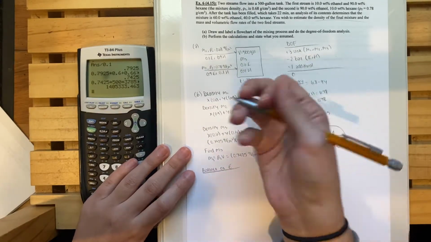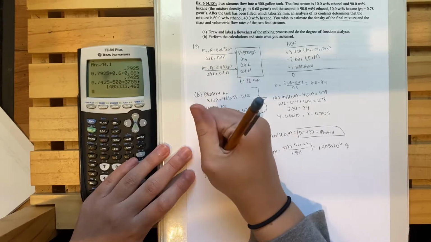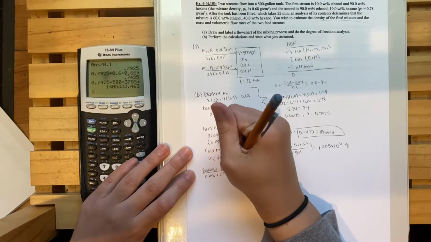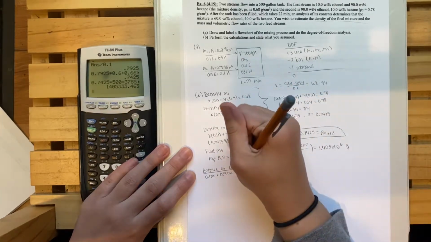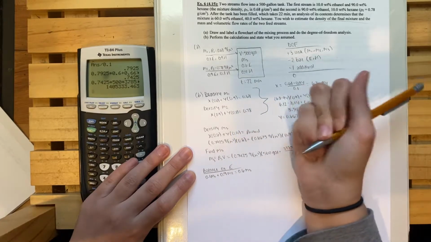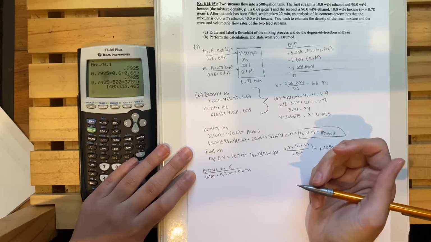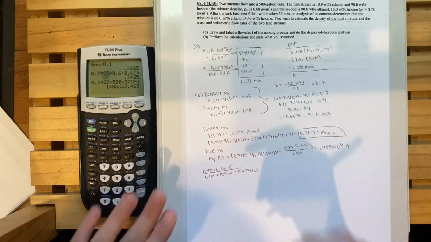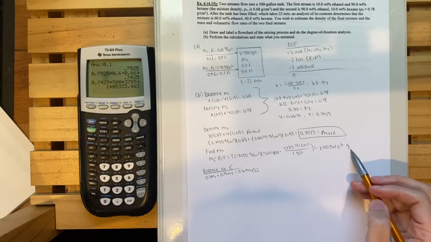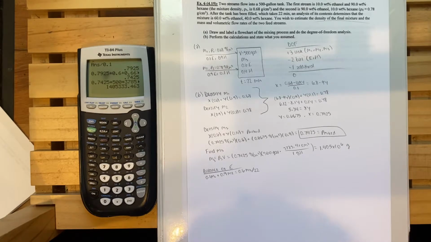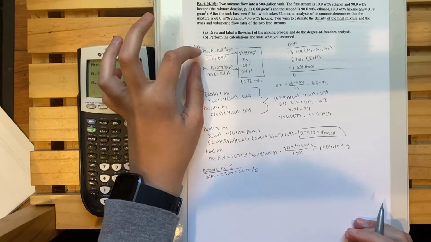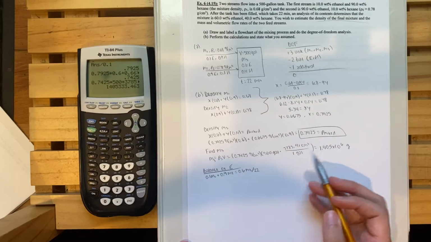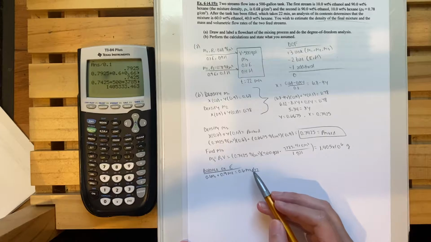So our balance on E is going to look like 0.1 M1 plus 0.9 M2 is equal to 0.6 M3 over 22, because M3 is just a mass. It is not a mass flow rate like M1 and M2 are. So we do have to divide by 22, which is the number of minutes, in order to get M3 in terms of mass flow rate.